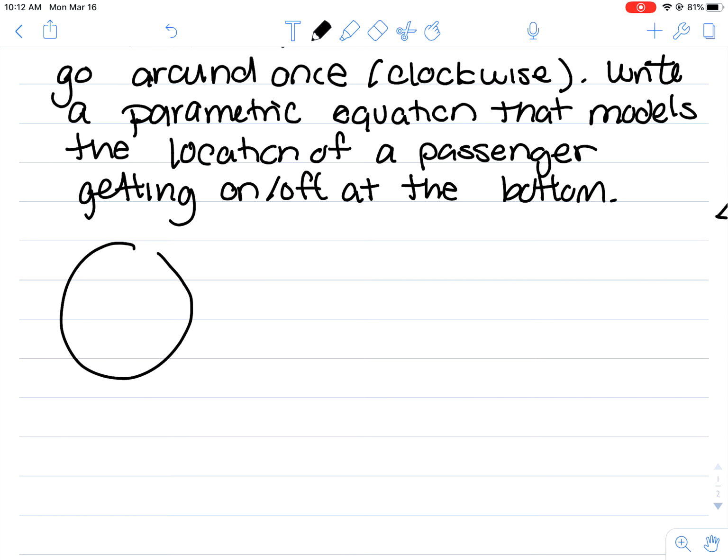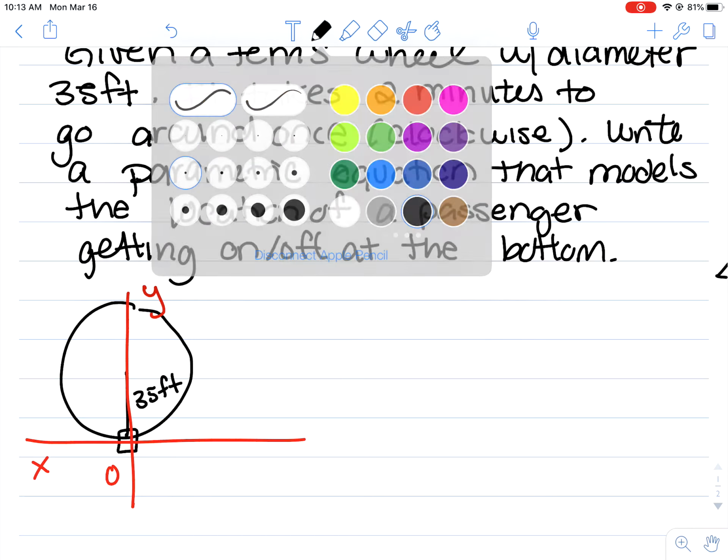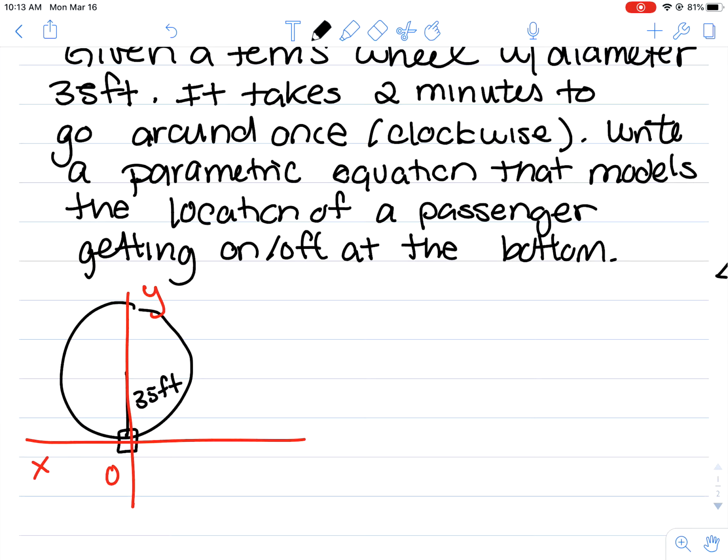So you're given a Ferris wheel, a radius 35 feet. The passenger gets on at the bottom. So we're going to make that then 0, 0 on the XY axis. All right, so if you're going to write an equation, you want to start with a table.